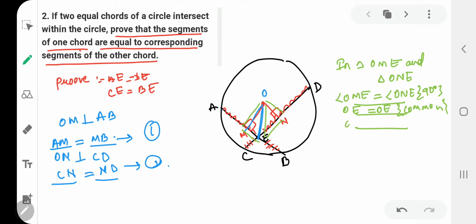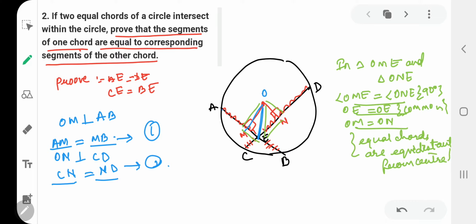OM is equal to ON. Why? Because if the chords are the same, then they are equidistant from the center. So we can write: equal chords are always equidistant from the center. We have proved this theorem in my previous session. So you got three reasons.